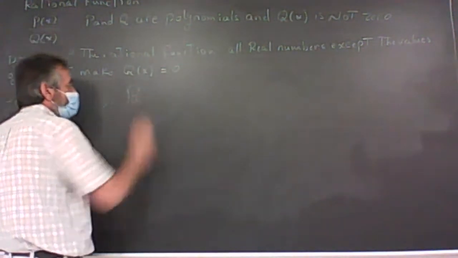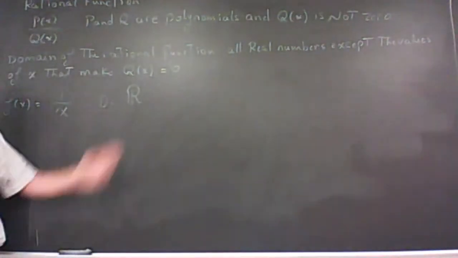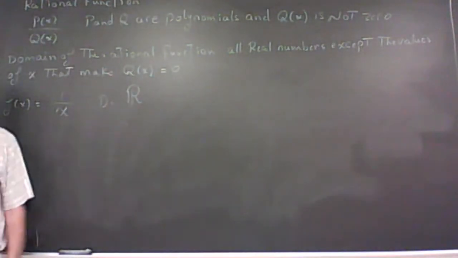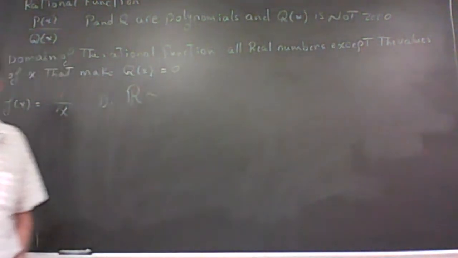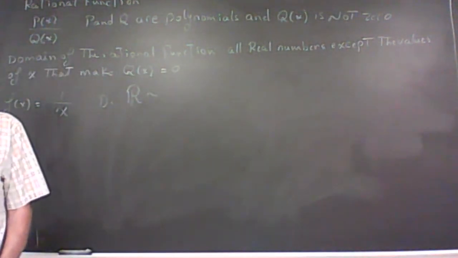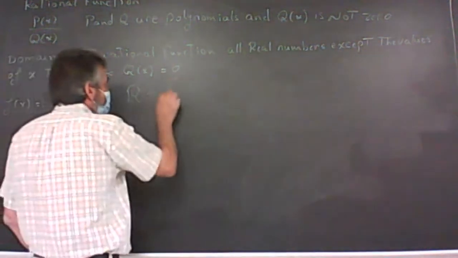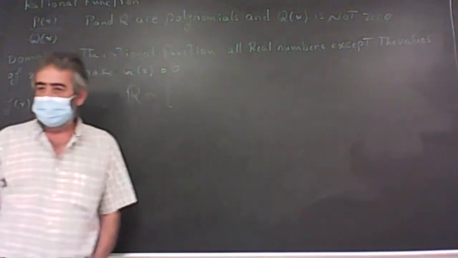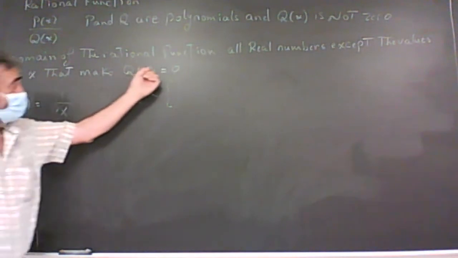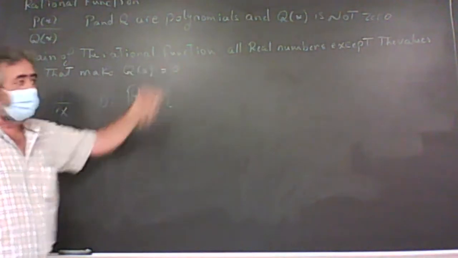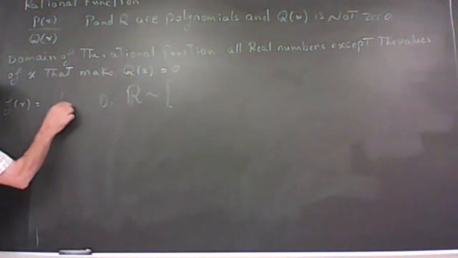Equal R. R means all real numbers. We do have exceptions. Okay? Now we need to look at the list of those exceptions. What exception do I have in this case? Q of x not equal to 0. But this is Q of x.